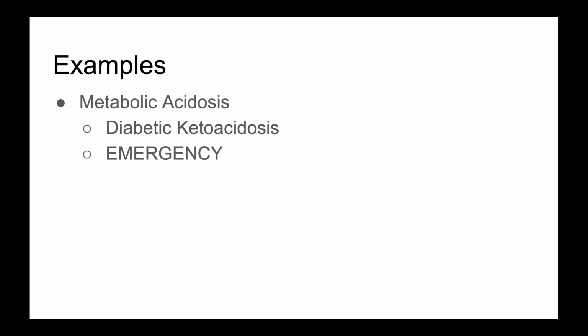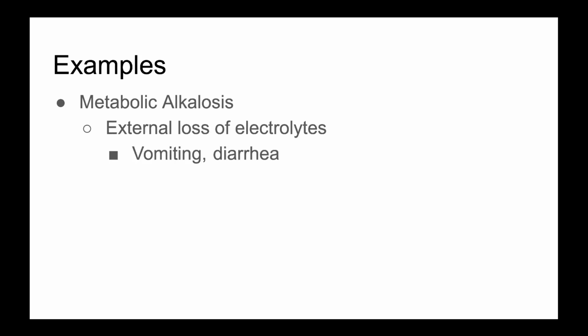So one of the treatments for DKA, you're giving a whole bunch of bicarb. This is an emergency. And finally, metabolic alkalosis, usually from the loss of electrolytes, someone who has had a lot of nausea, vomiting, a lot of diarrhea, and like I said, it's not as critical, but it does still need to be corrected, usually by replacing some of those electrolytes.